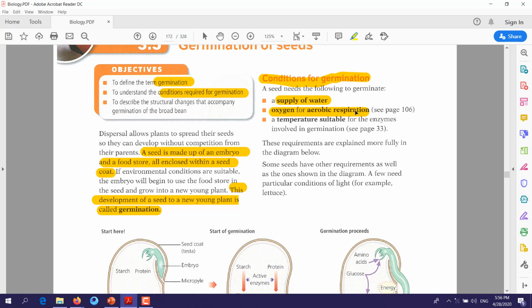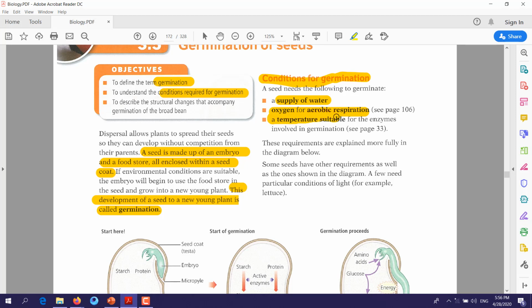So how will this embryo get energy? There should be oxygen, and through the process of respiration, which releases energy from food using oxygen, aerobic respiration will happen, and it will provide energy to the embryo.